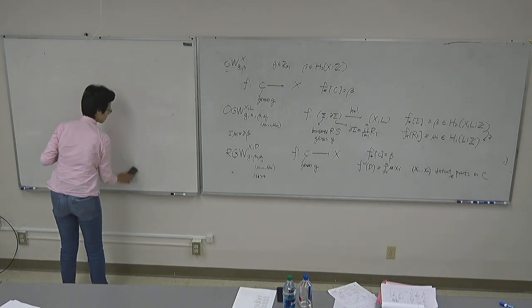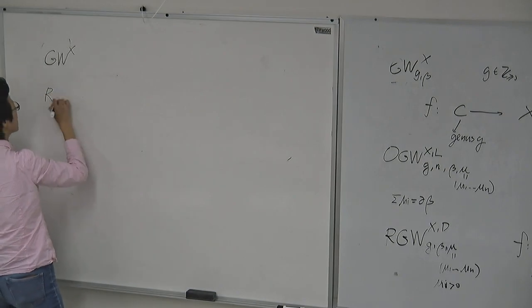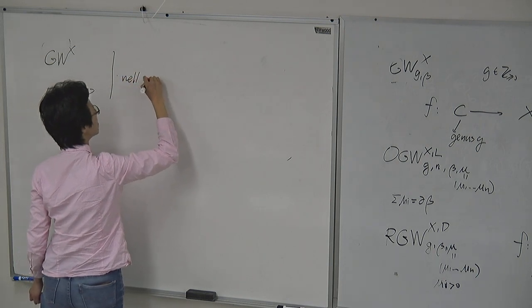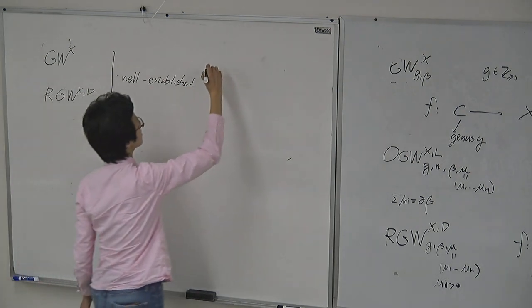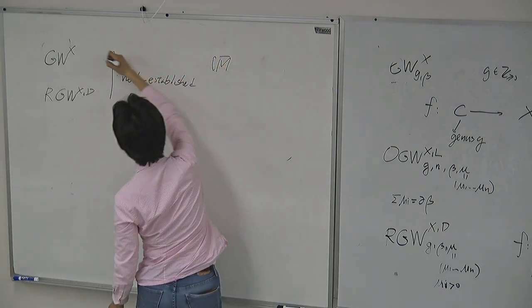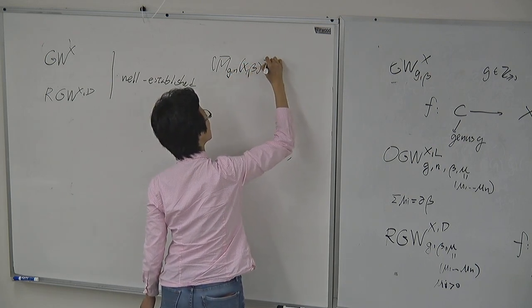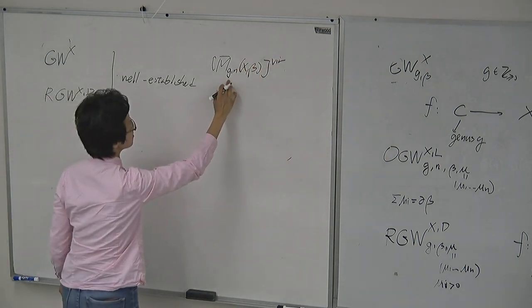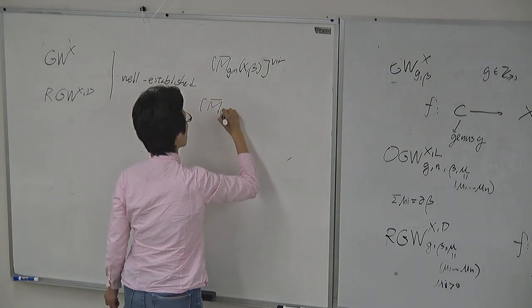So under these assumptions, the Gromov-Witten invariants of X and relative Gromov-Witten invariants are well established. In the algebraic setting, these invariants are defined by a virtual fundamental class on the moduli stack of genus g, degree beta stable maps to X, and also there's a relative version.